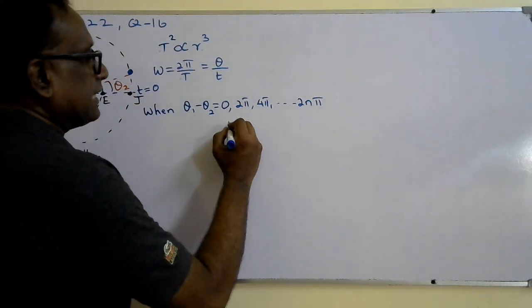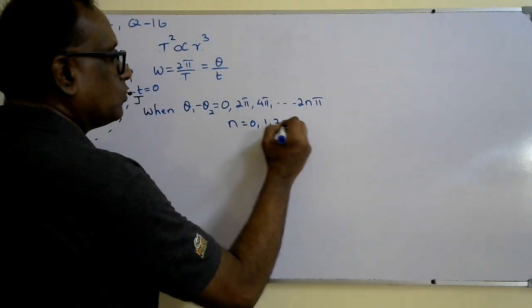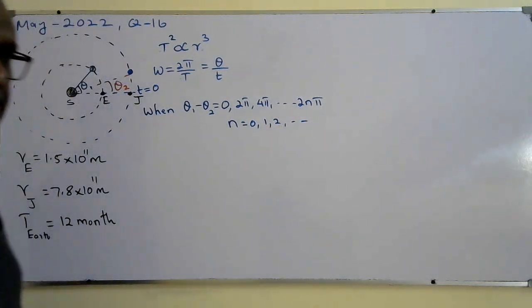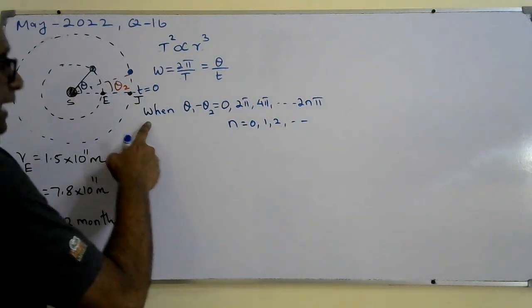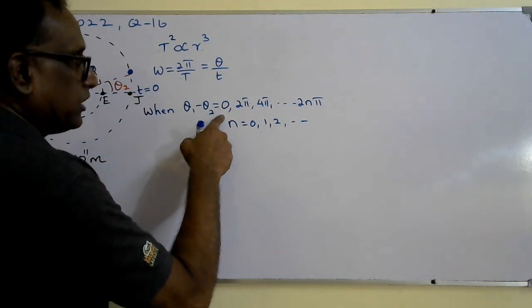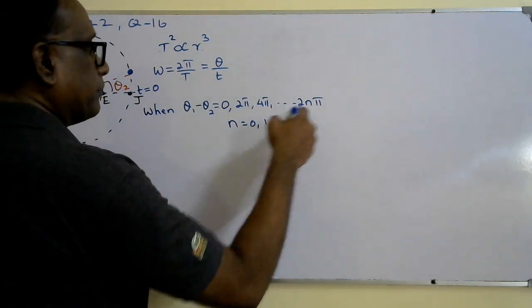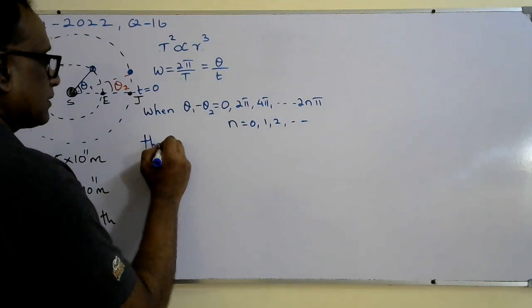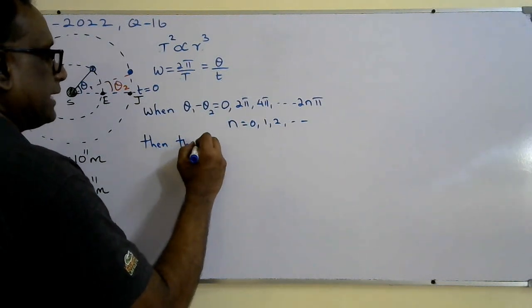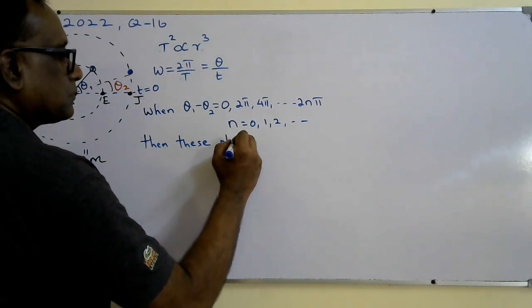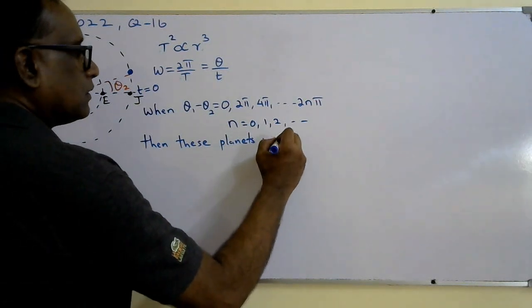So it's an integer. So when theta 1 minus theta 2 equals 0, 2 pi, 4 pi, 2 n pi, then these planets will be in opposition.